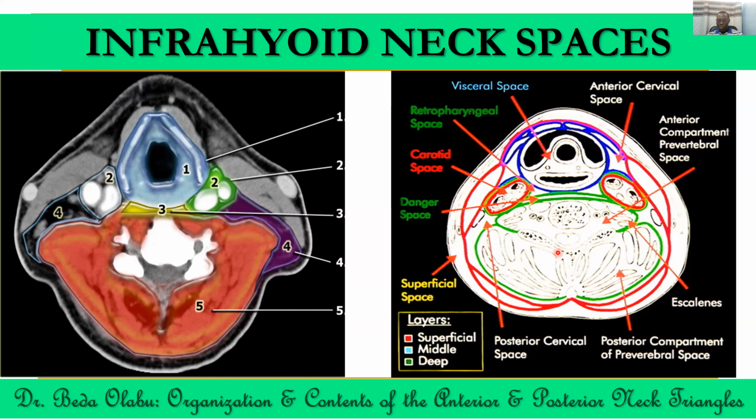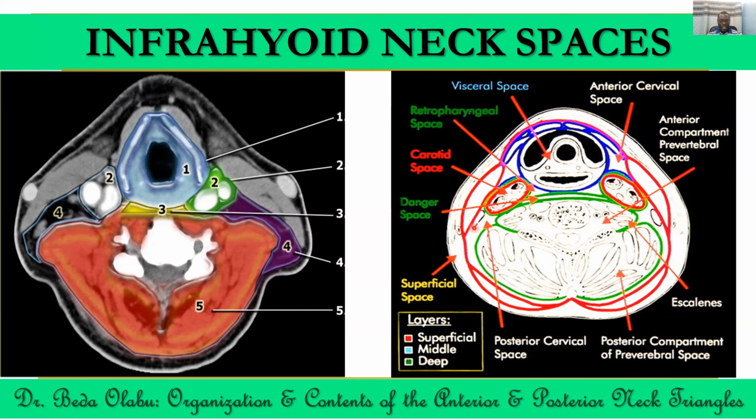Then the posterior compartment of the paravertebral space, this one, is what we call the paraspinal space. We are looking at the junction of the two being at the level of the tips of the transverse processes of the cervical vertebrae, because that marks the attachment of the paravertebral fascia.